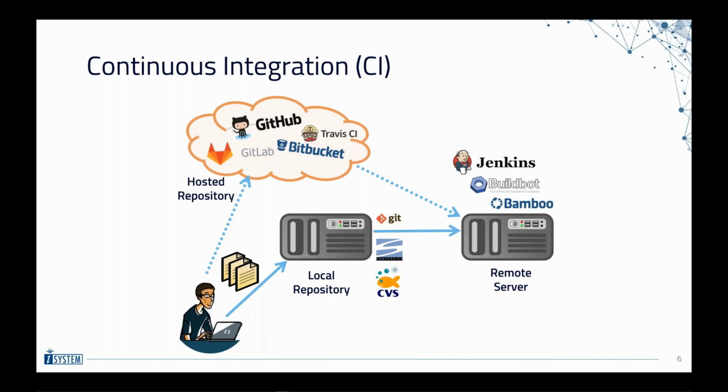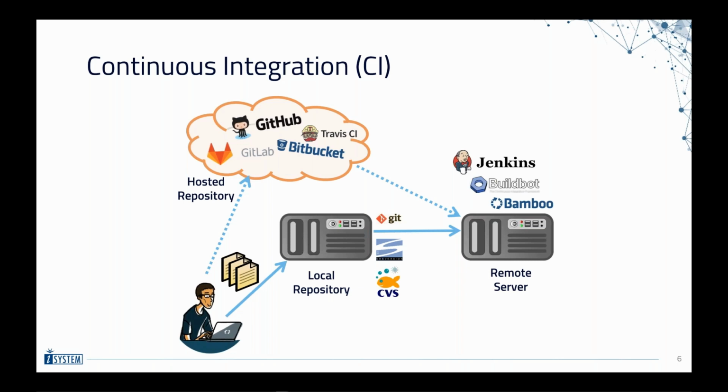A continuous integration server, for instance Jenkins, BuildBot, or Bamboo, checks out a copy from the repository and then attempts to build the project. If it is able to build successfully, we get a pass, otherwise we get a fail.